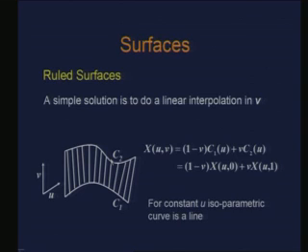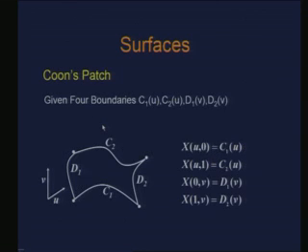Fine. Okay. Now, I further change the problem. So, what did I have in the previous example? I had only two boundary curves corresponding to the surface which I wanted to generate.